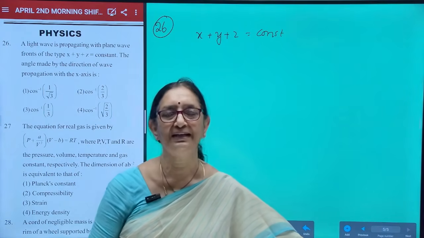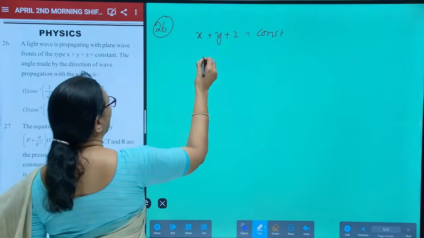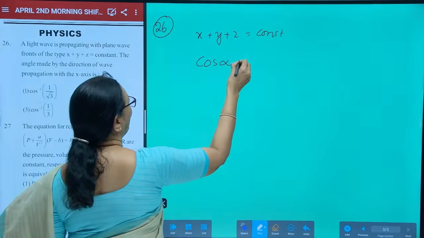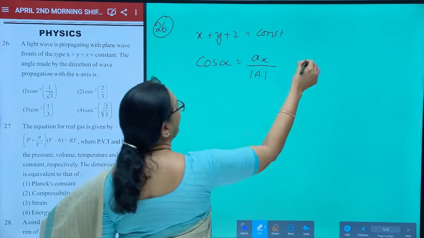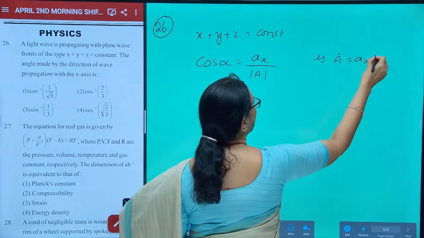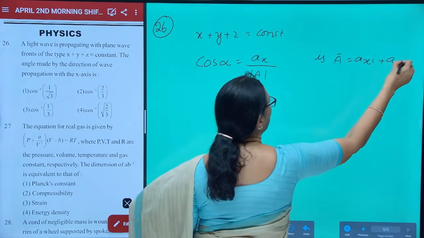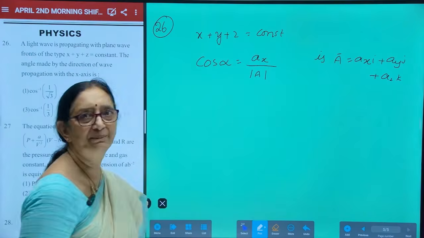Alpha is the angle made by the given vector with the x-axis. Then cos alpha is given by ax by modulus of a, if a bar is equal to ax i bar plus ay j bar plus az k bar. That concept we know from vectors.